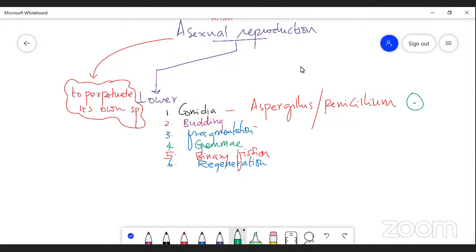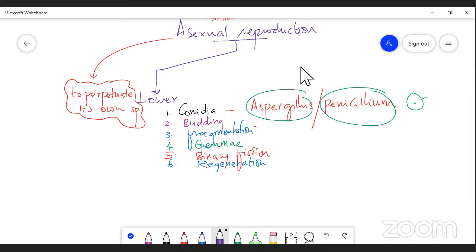Actually, conidia is a type of spore by which an organism, this Aspergillus or Penicillium, reproduces its own species by the formation of a spore-like structure that is called a conidia.